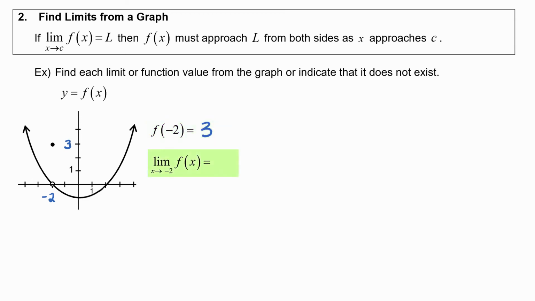Now we have to find the limit as x approaches -2 of f of x. Now, coming in through x values to the left of -2, we see that the function has y values that are heading to 0 as we approach from the left. And as we come into x equals -2 from the right, the y values here are also approaching 0 as we come in from the right.